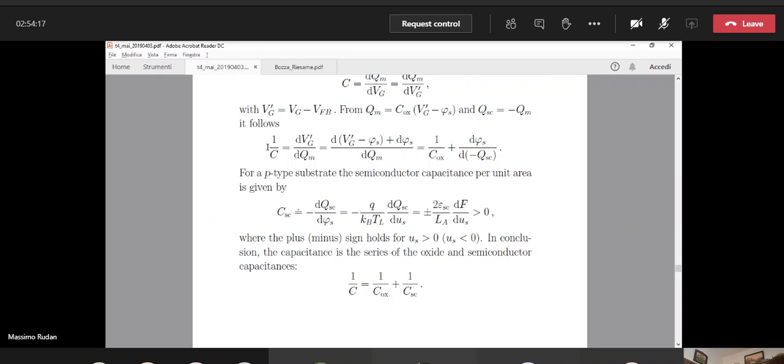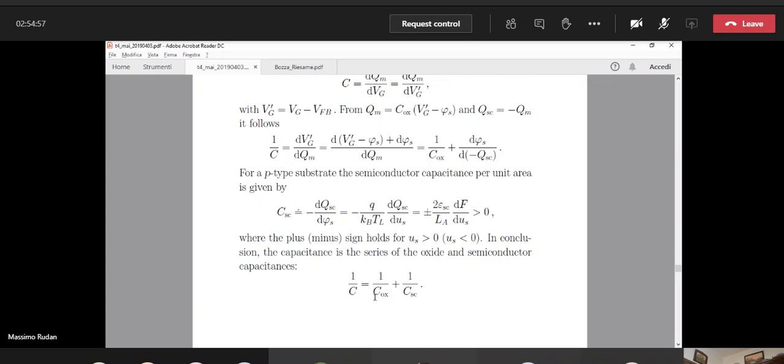So in conclusion, the inverse of the differential capacitance of the MOS capacitor is the sum of two blocks. One is a constant. It's simply 1 over the oxide capacitance per unit area, and the other one is the inverse of CSC, and this is a function of the applied voltage. Okay, so as expected, the capacitance depends on the voltage, so it is a nonlinear capacitor.